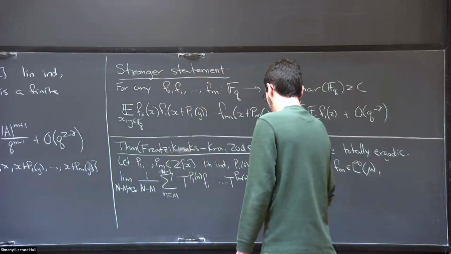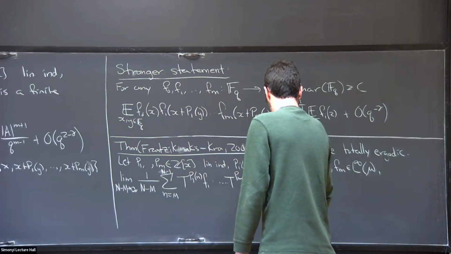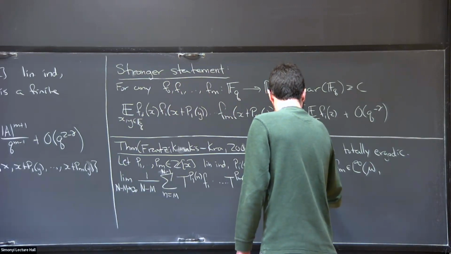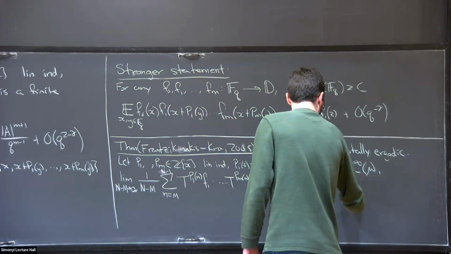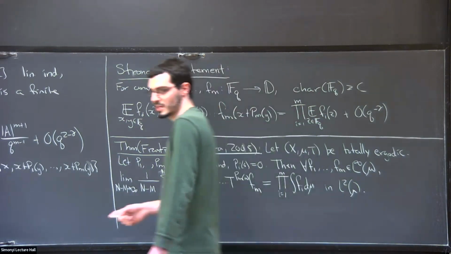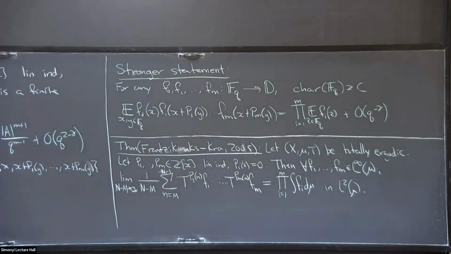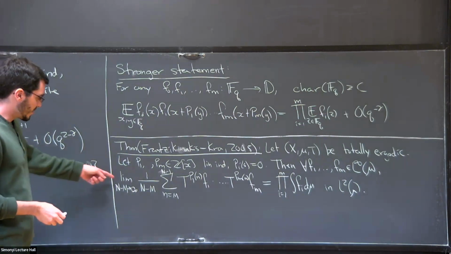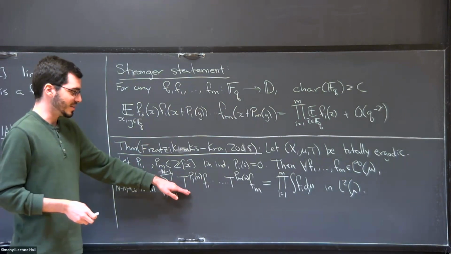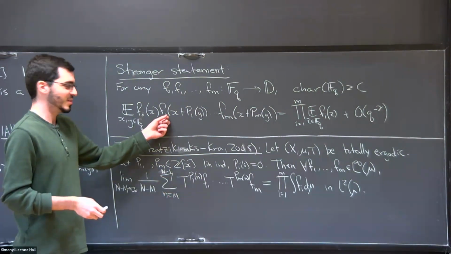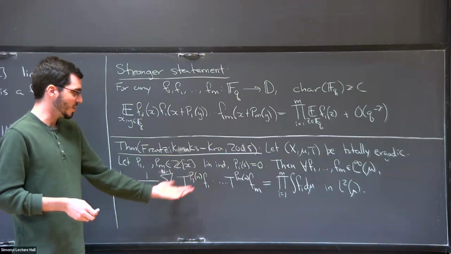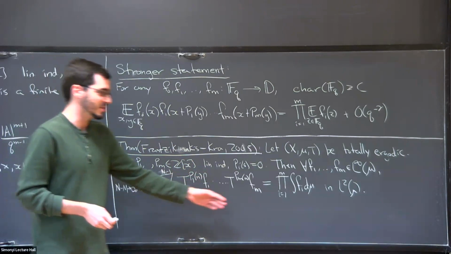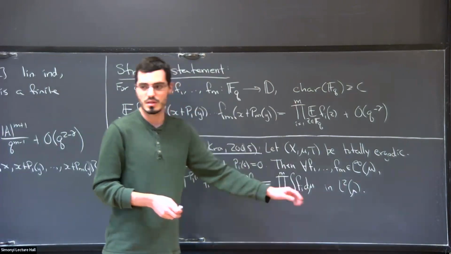This expression converges to the product of the integrals of the functions f_i. Okay, so if I took this whole expression and integrated against another function f_0, this looks essentially like this result. That we have some average, in this case a polynomial ergodic average, converging to the product of integrals.